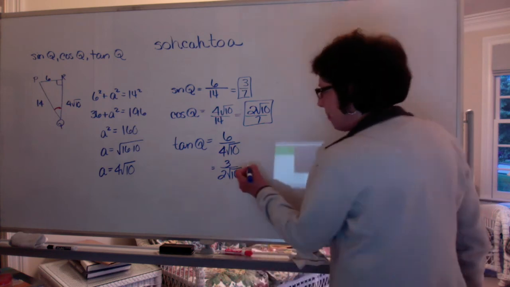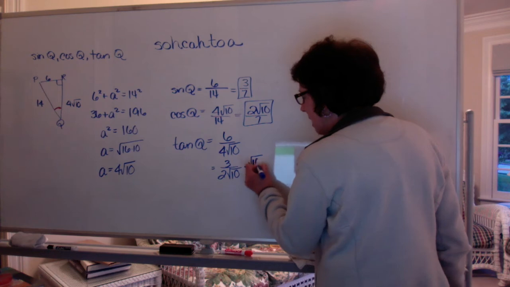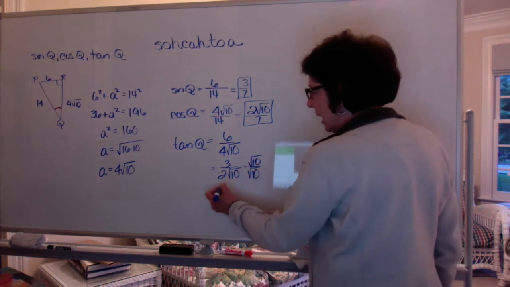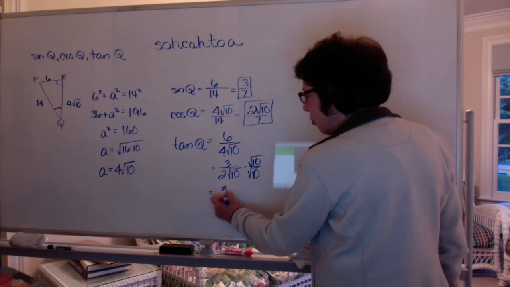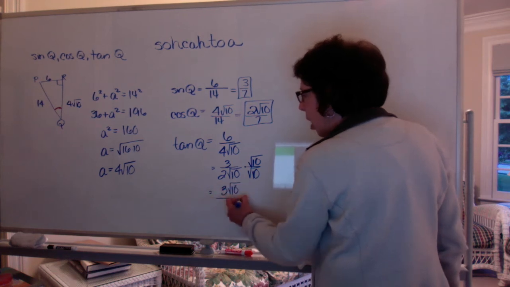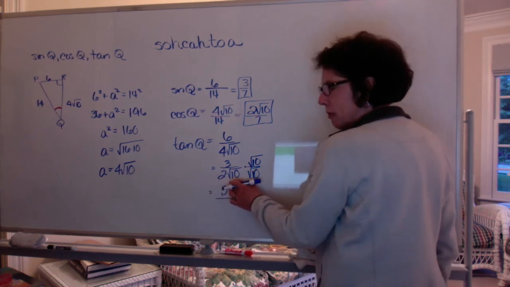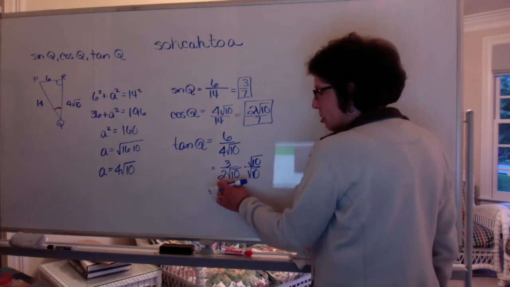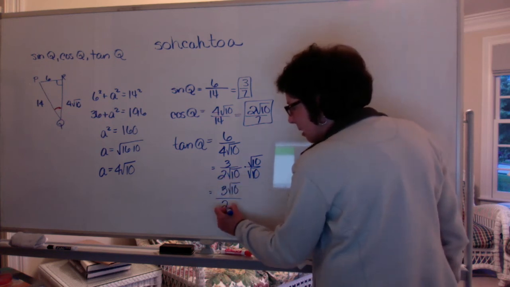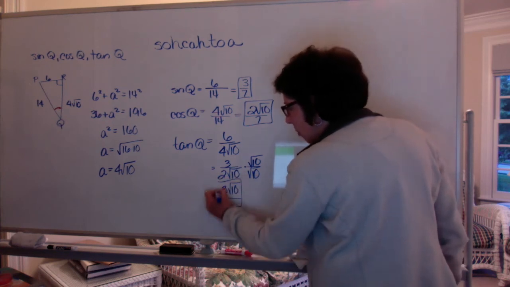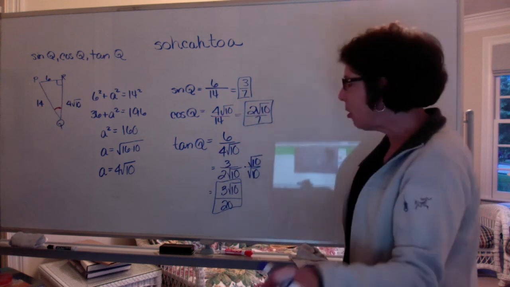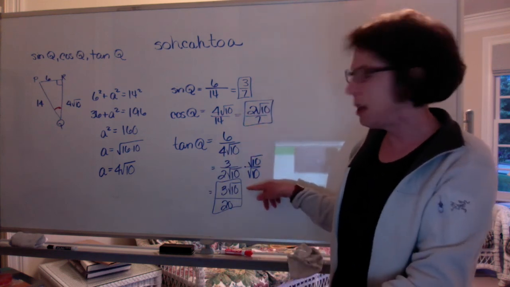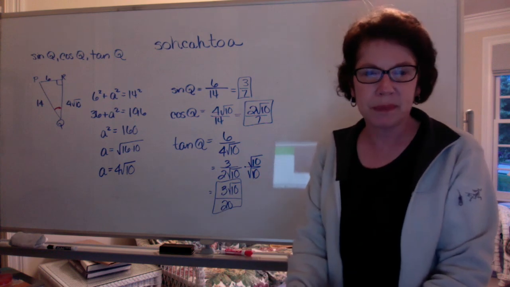I'm going to have 3 root 10 over 2 times the square root of 10 squared, which is 10. So 2 times 10 is 20. So my tangent of angle Q, the opposite over the adjacent, is 3 root 10 over 20.